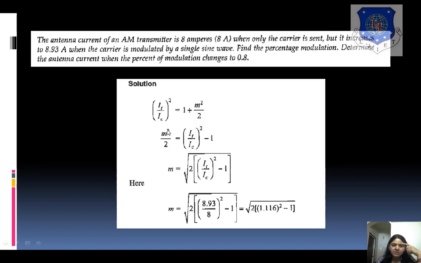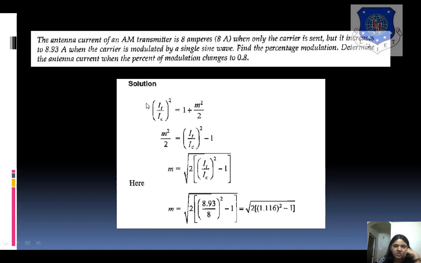Now here the current values are given. We have solved the power equations in terms of voltage and in terms of current, so that equation we are using at this place. It is It by Ic whole square is equal to 1 plus m square by 2. We have developed the equation: It is equal to Ic square root of 1 plus m square by 2.